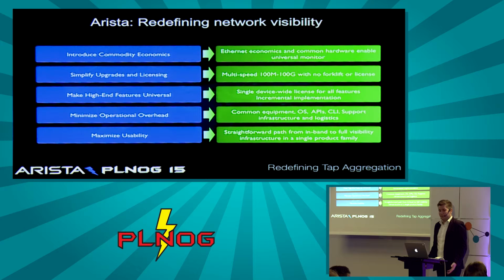So to summarize this solution, really, we're introducing that commodity economics of using regular merchant silicon, non-proprietary systems in your out-of-band monitoring network as well as your production network. So consistency of hardware, consistency of port speeds, port pricing, consistency of software versioning, and configuration and automation.